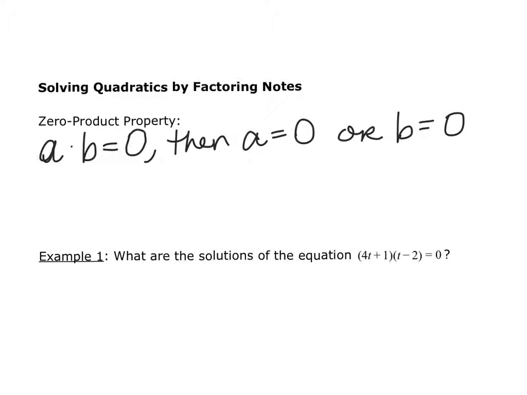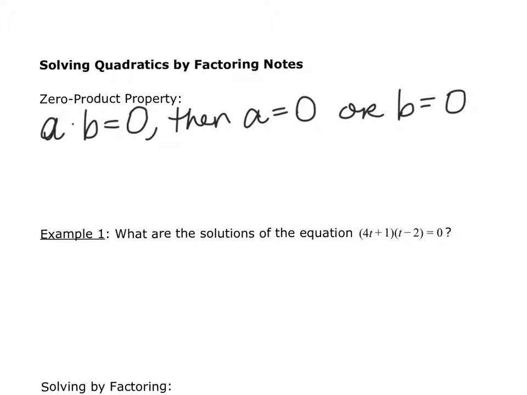So we're going to use the zero product property here to solve this equation in example 1. So example 1 says, what are the solutions of the equation 4t plus 1 times t minus 2 equals 0?